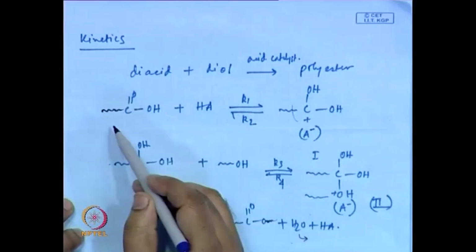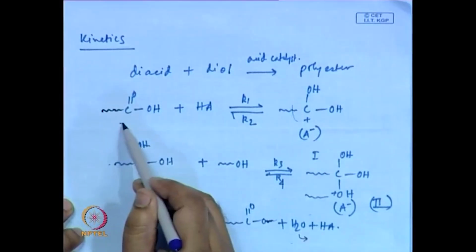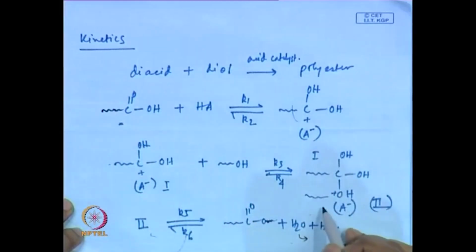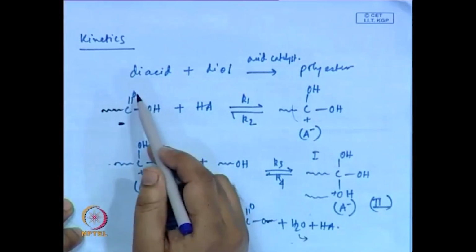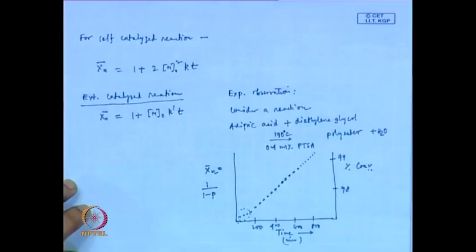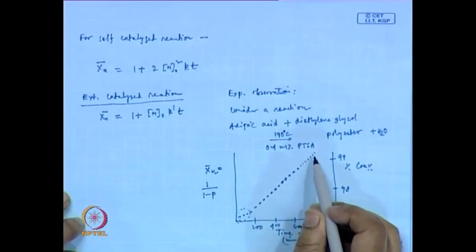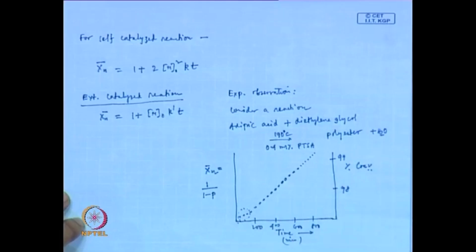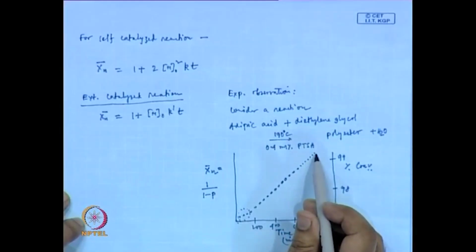During the deduction of that kinetic expression, we used functional groups like this, which means we considered the reactivity of the functional group independent of the size of the molecules, and here that expression is found to be valid for almost the entire range of conversion, which means that the assumption of equal reactivity of the functional group is valid even experimentally.